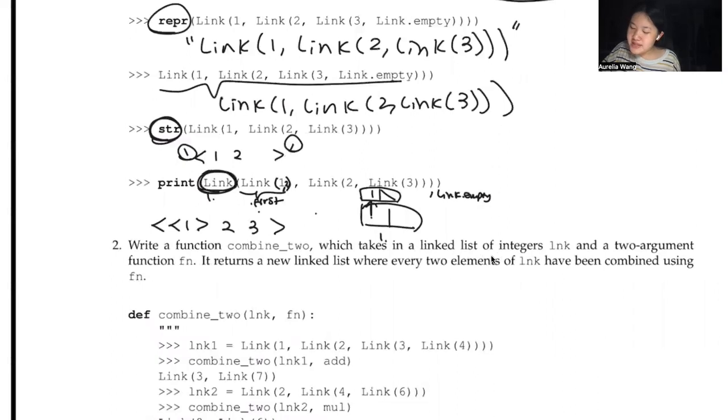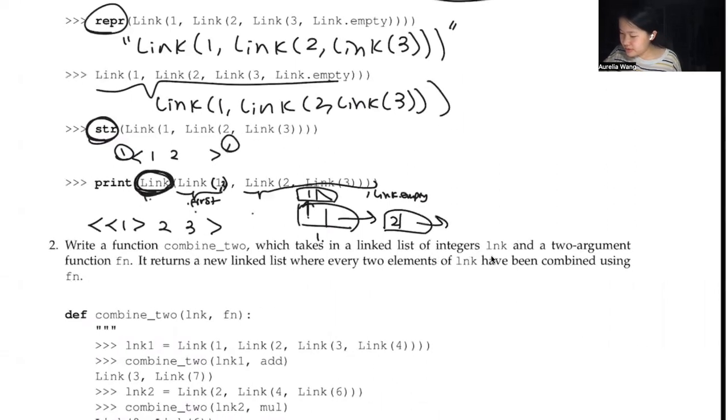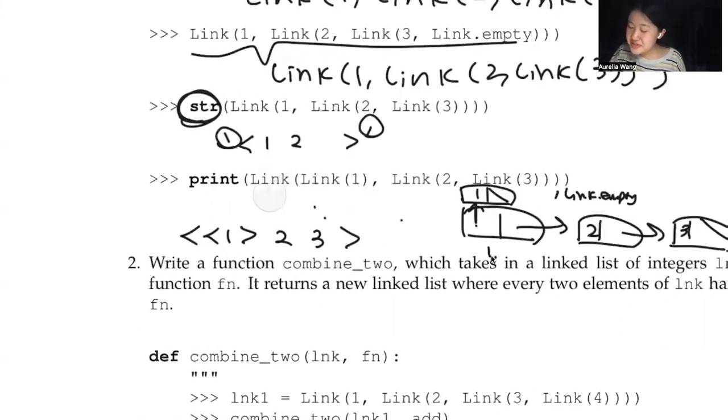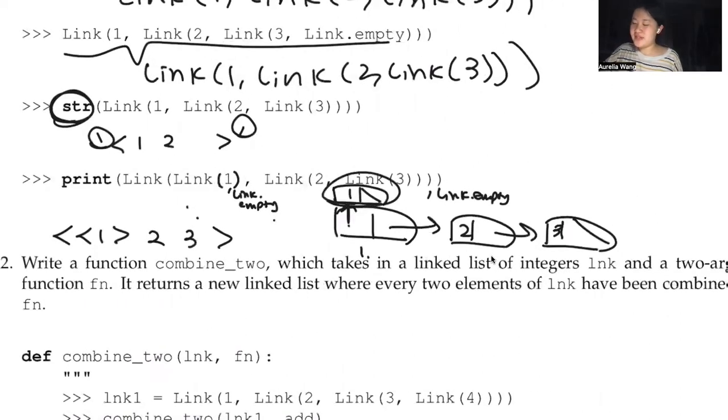And then we go back to this first link's .rest, which is all of this, so 2 and then 3. Just notice the parentheses. I missed it. I didn't see a parenthesis here, so I thought it was all one, which was confusing for me because the solution says something else. But there's a parenthesis here, and this second attribute is going to be link.empty, so we know it's the end of that link on top. There's no continuation, which is what I did before.